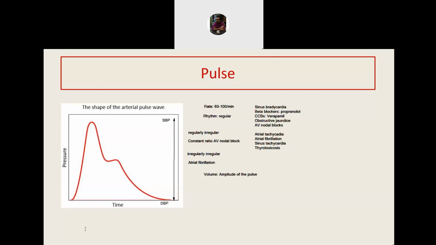Quite obviously, this is proportional to the pulse pressure. So volume of the pulse increases whenever the pulse pressure increases, as in aortic regurgitation, in high fever, and in all other causes of hyperdynamic circulation.